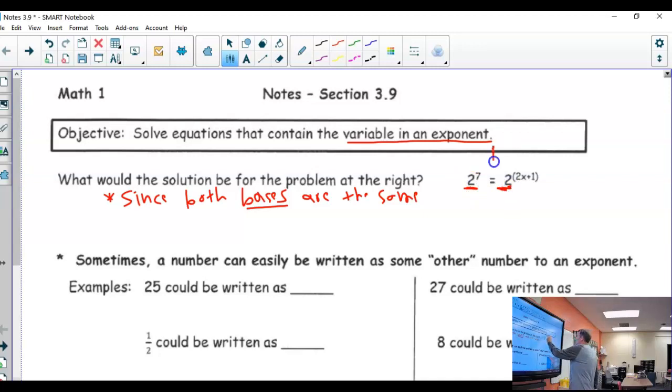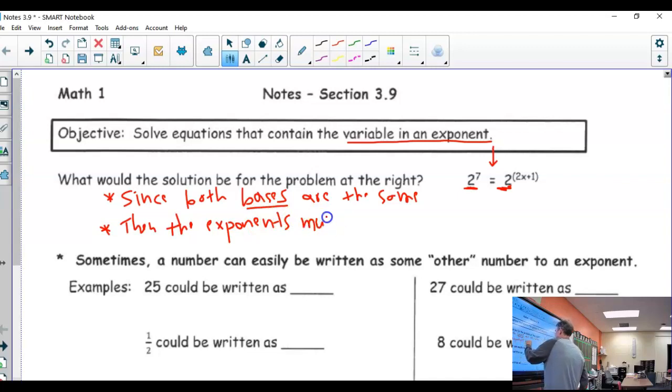And if these two things are equal to each other, and their bases are equal to each other, well, then the exponents must also be equal.